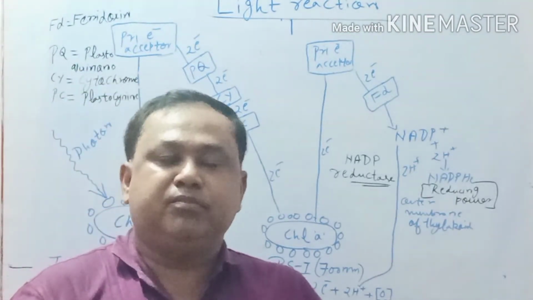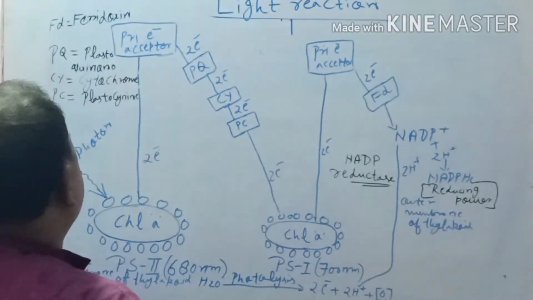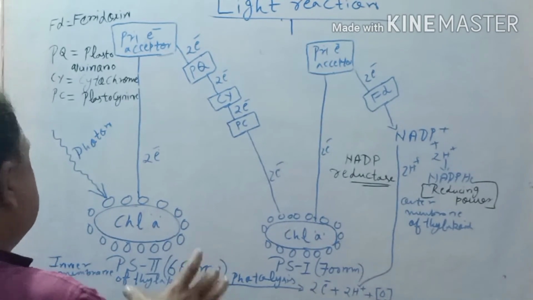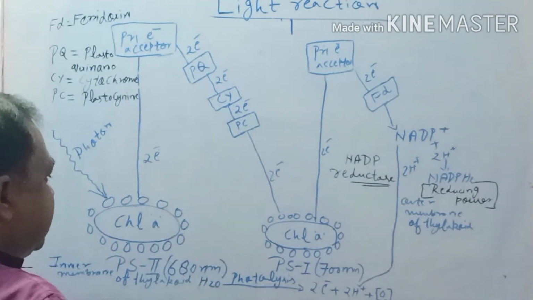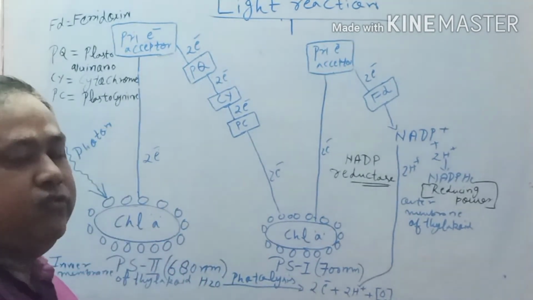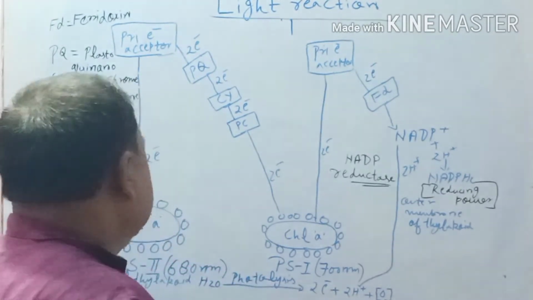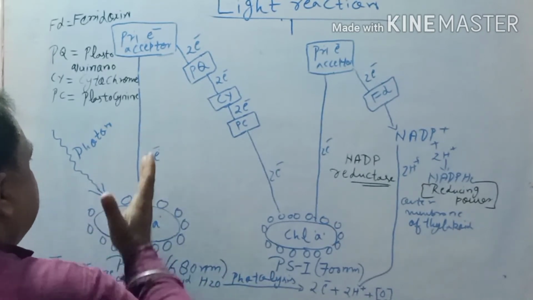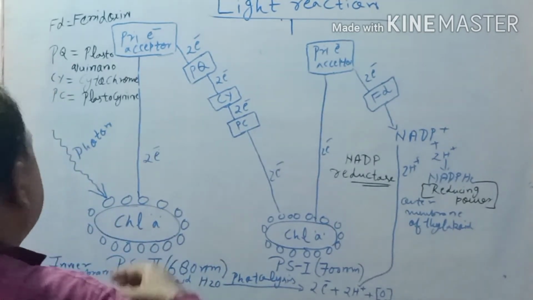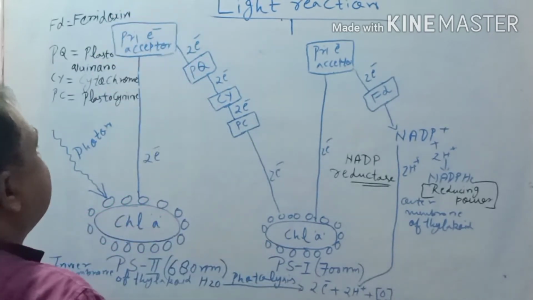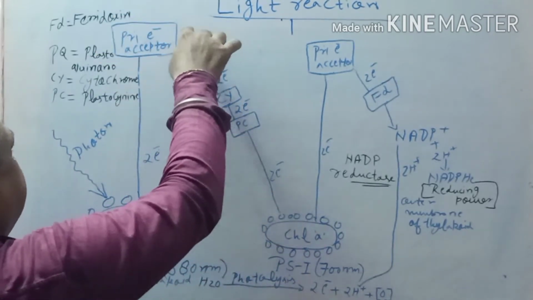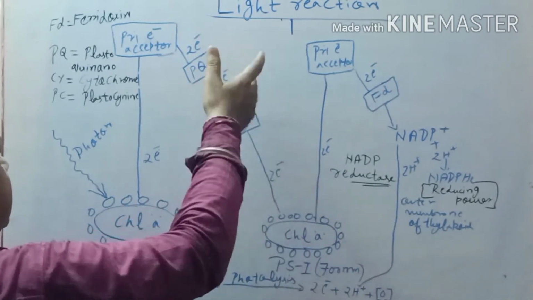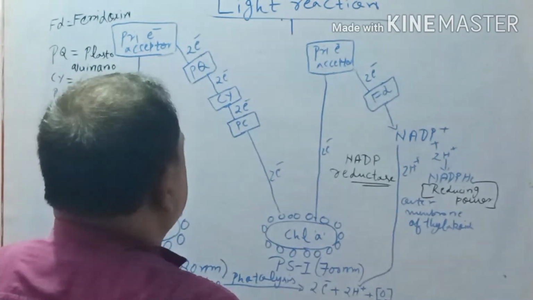Now I am repeating the process. First of all, in non-cyclic photophosphorylation, the chlorophyll A reaction center, after incidence of a photon or light, goes into an excited state which releases a pair of electrons accepted by the primary electron acceptor. Afterward, the pair of electrons goes to plastoquinone, and then to cytochrome.